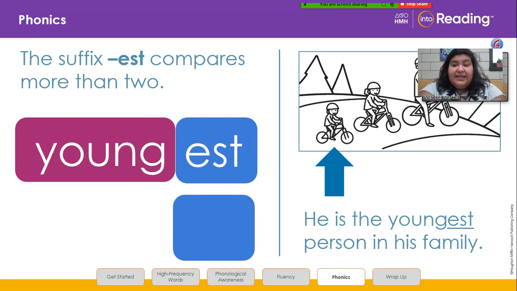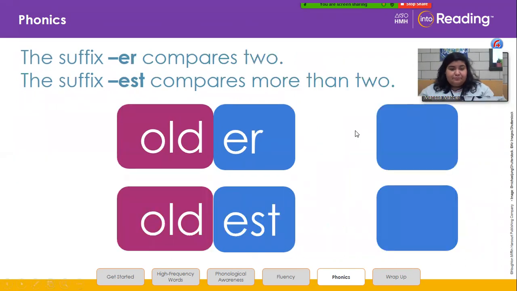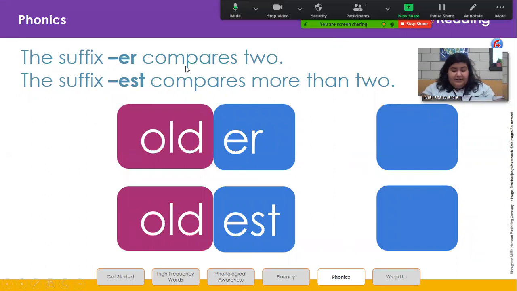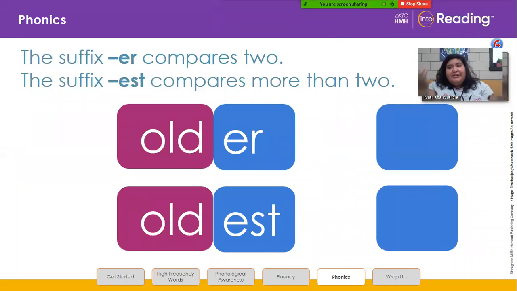Read the word with me again, youngest. Let's read the sentence under it. He is the youngest in his family. If you look right here, he's the smallest one. All right, the suffix ER, it compares how many things? It compares two things, right? And the suffix EST compares three, more than two, right? Three or more.